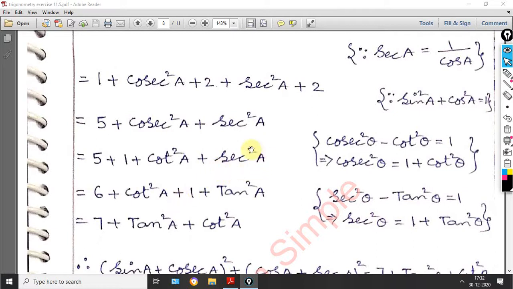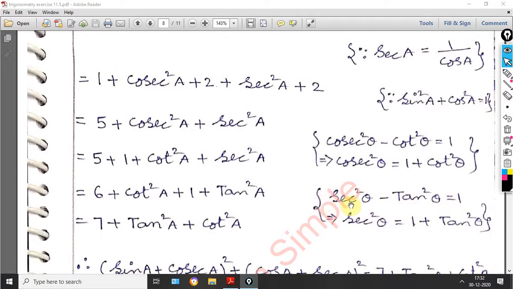Next, here also what identity are we using? Secant square is there, so we are using the second identity. Why? Because secant square will come in the second identity. So we are writing secant square theta minus tan square theta equal to 1. This is the second identity which we are using.